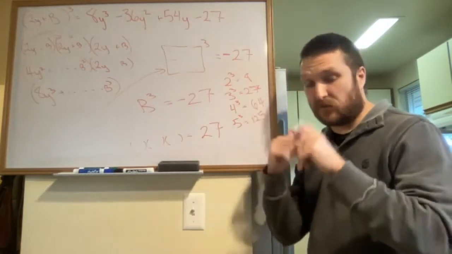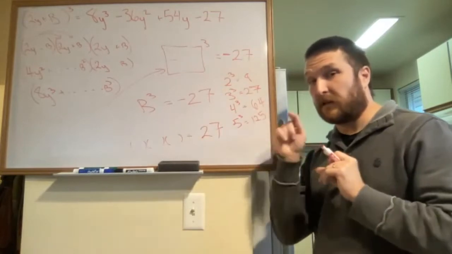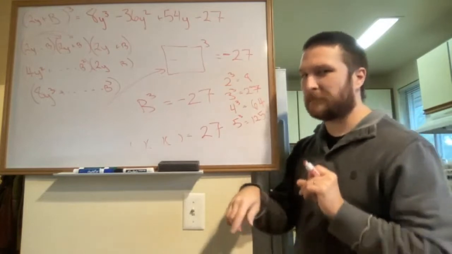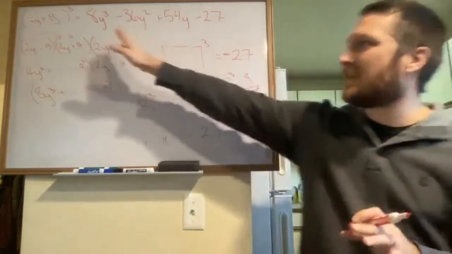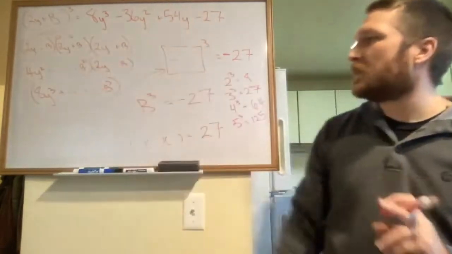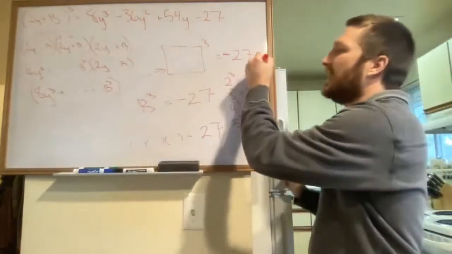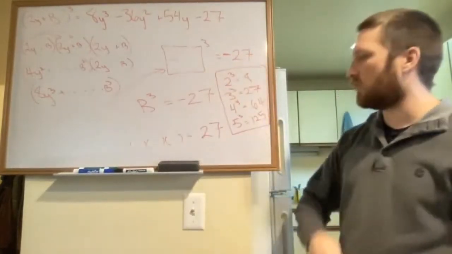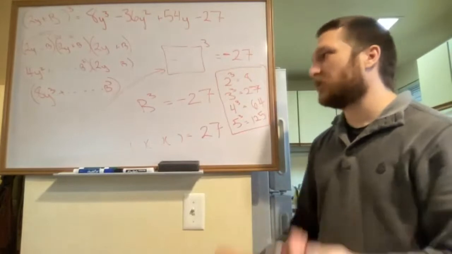Sometimes as you're doing your homework, you'll be like, oh, that's a cube, but maybe in this context, we'll want it to be a square. In this context, it's pretty clear what we're looking for. I need some number to be cubed. And if you just have these in the back of your mind, 8, 27, 64, 125, it's going to make your life a lot easier.